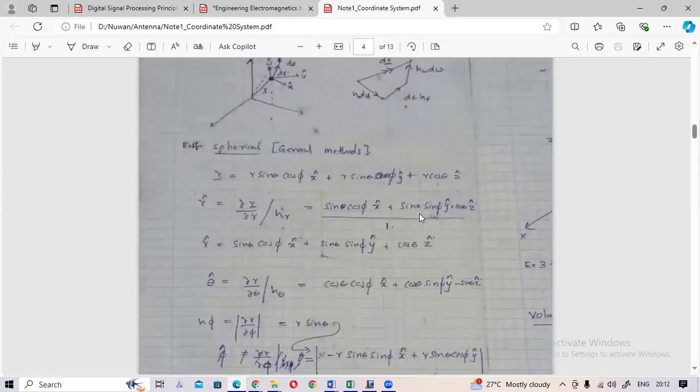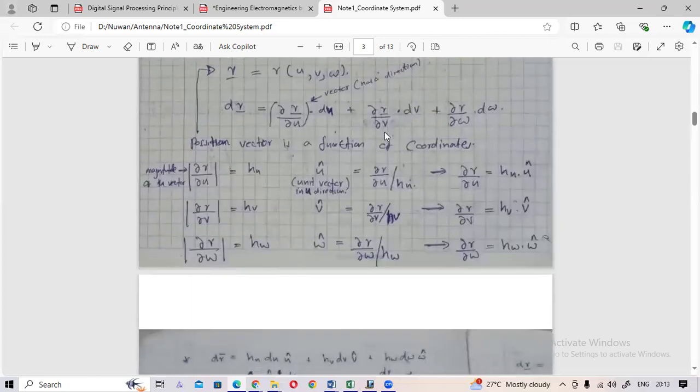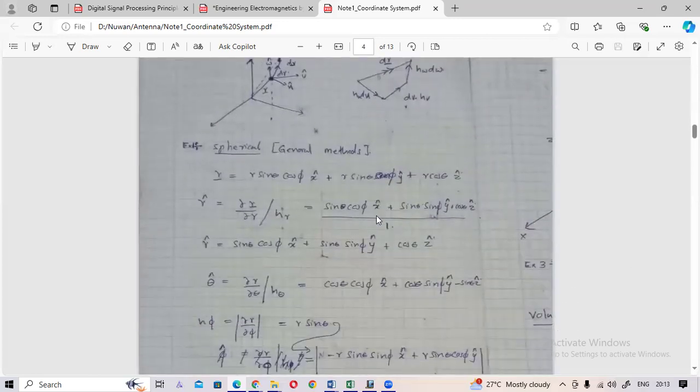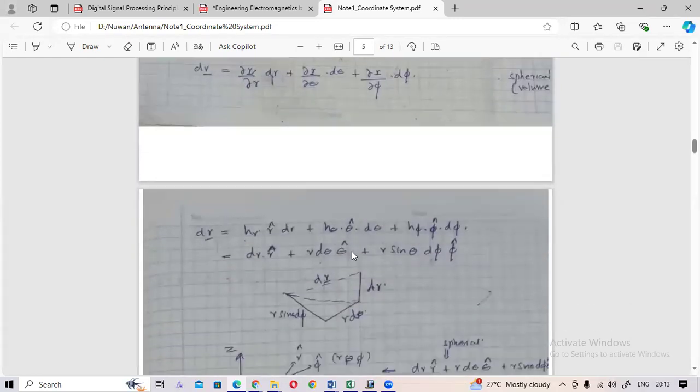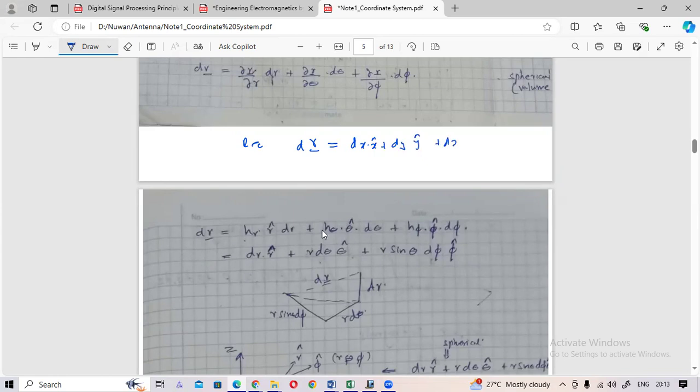In rectangular coordinates, if you follow this method, you can find that for a rectangular path, the derivative of the position vector, dr, will be dx x hat plus dy y hat plus dz z hat.